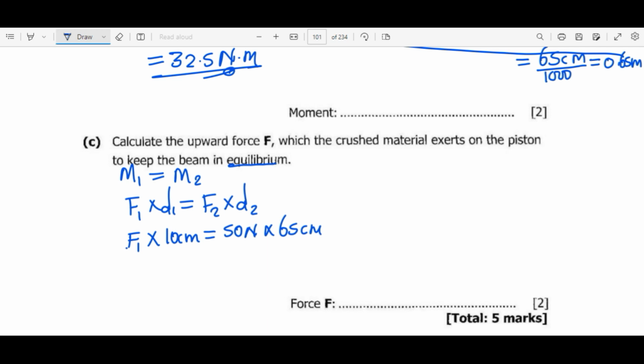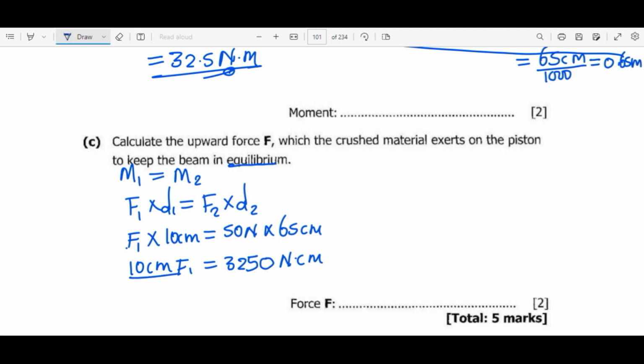10 centimeters times F1 is 10 centimeters F1. Then if you multiply 50 by 65, we can just write a 0 here. Then 5 times 5 is 25, so we write 5, we keep the 2. 5 times 6 is 30, plus the 2 will give us 3,250 Newton centimeters.